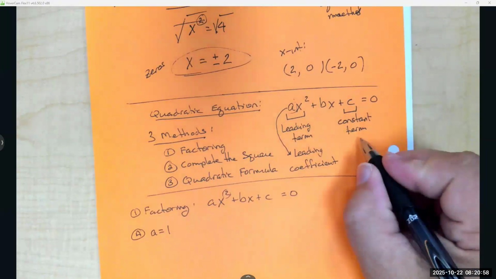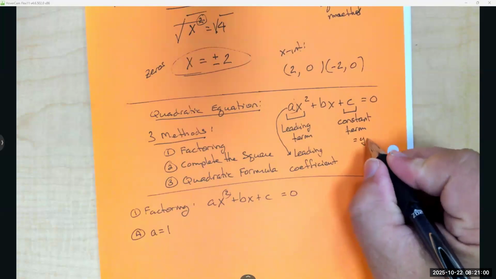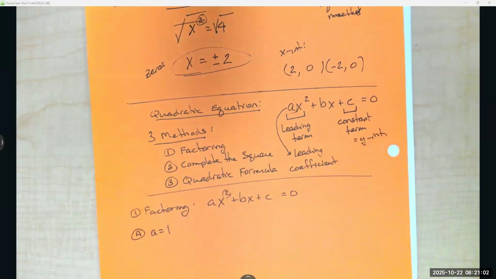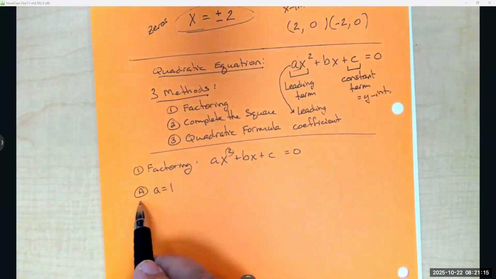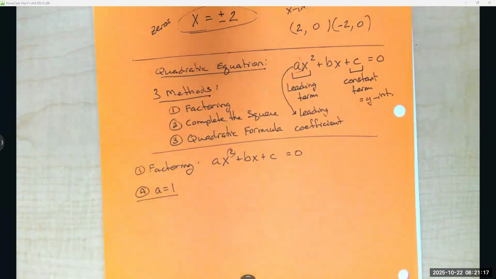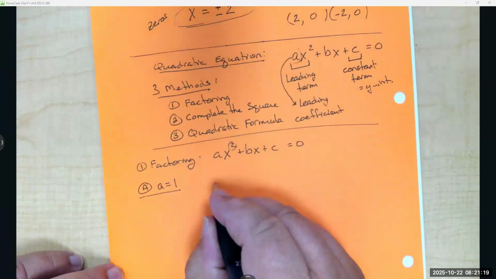And the constant term is also called the y-intercept. So in our first set of factoring, we're going to look at our leading term equals 1, because these are the most easy.